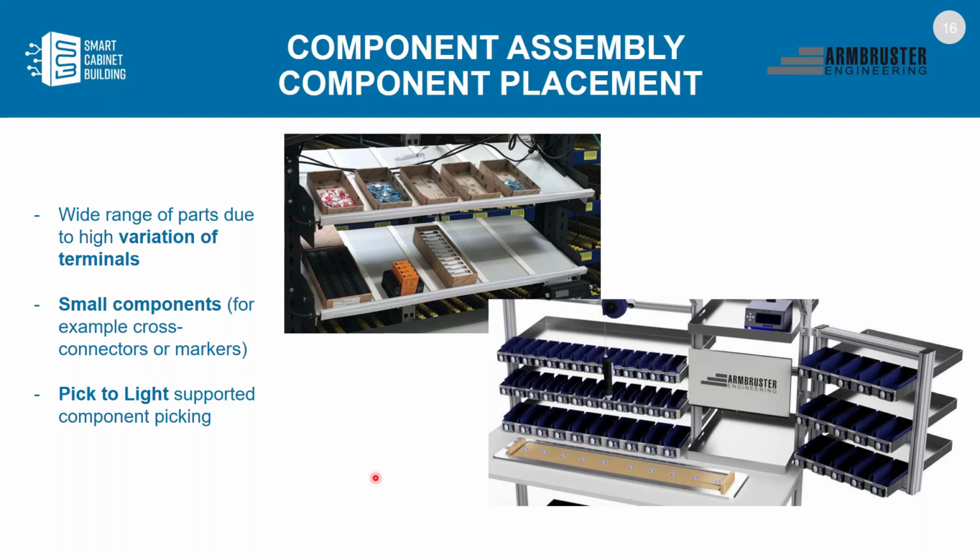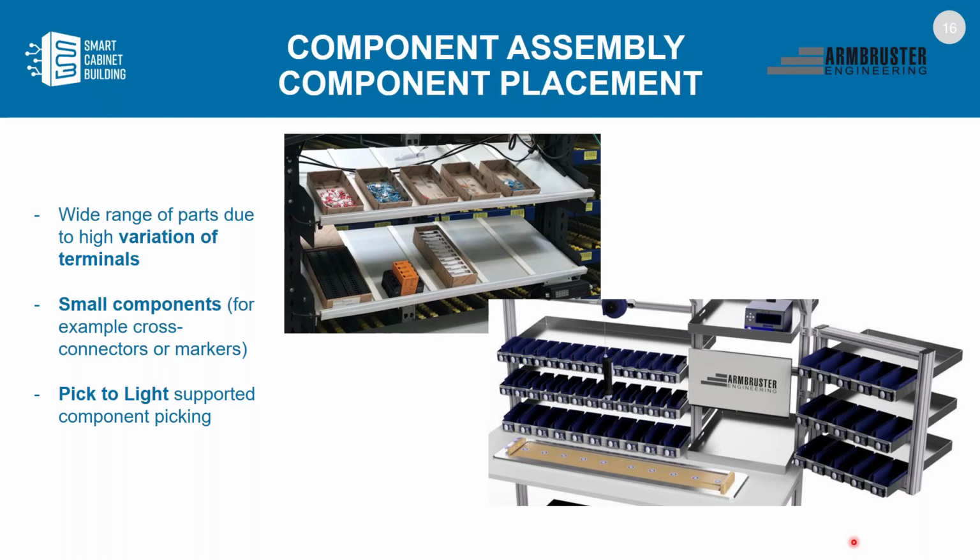And as you can see on the sideboard on the right-hand side, we can place the low runner modules, let's say. And so we have to place more or less between 30 and 60 parts per workstation, typically for those component assembly places.